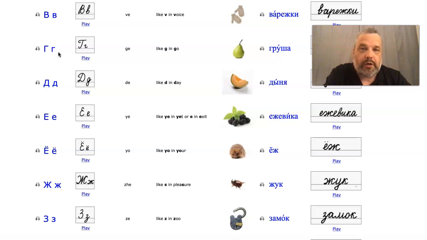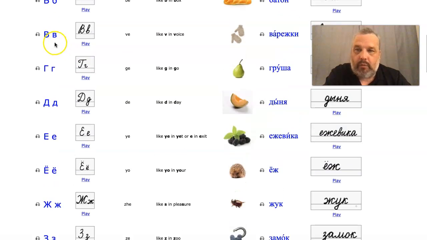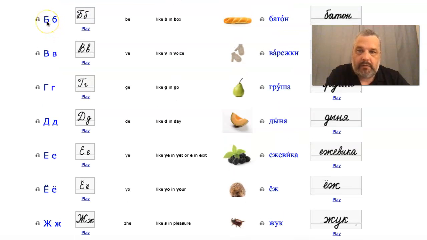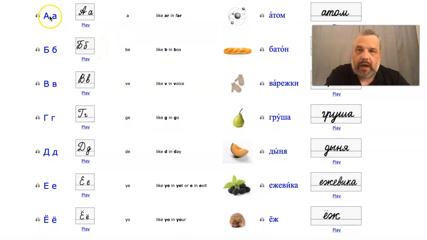It's good, g, right? And what we think is B is actually V, like the letter V in English. So that's V, and then B, be, box, right? Okay, baton, and that's very simple. Okay, let's move on.